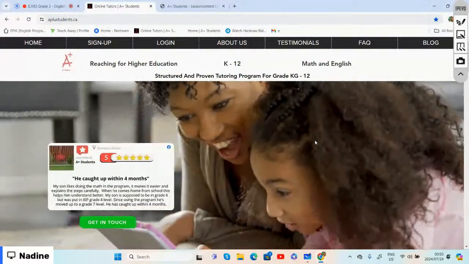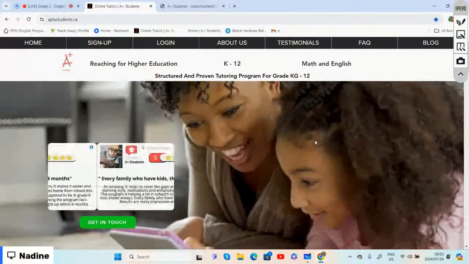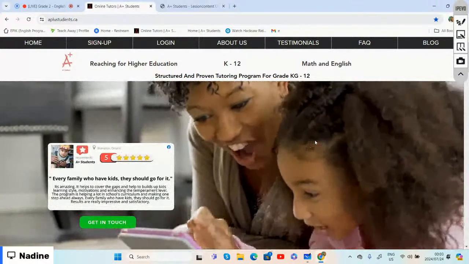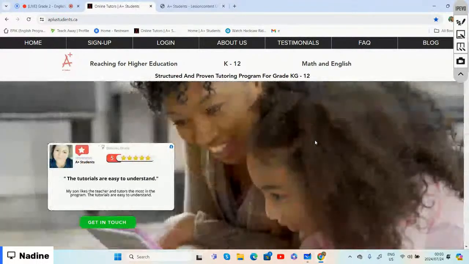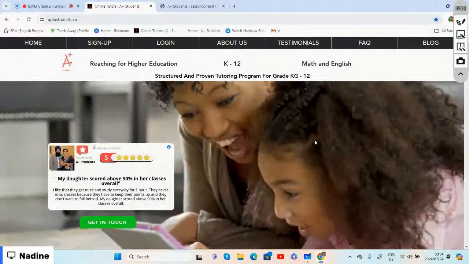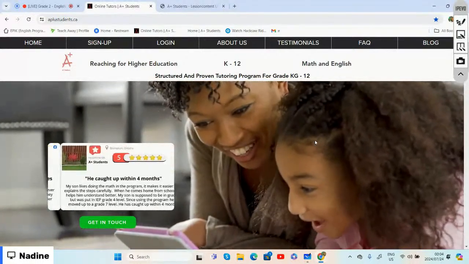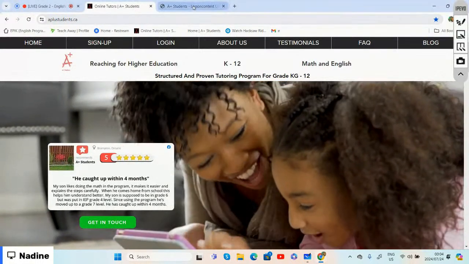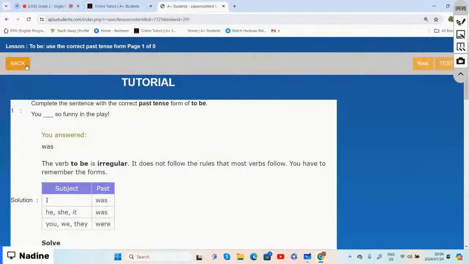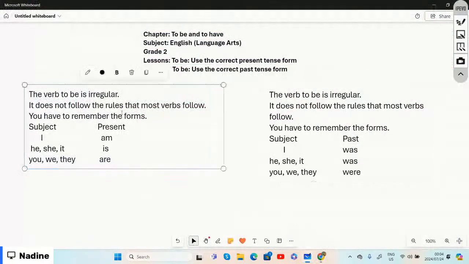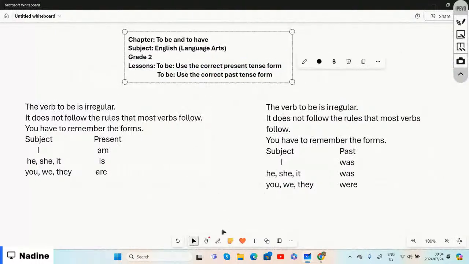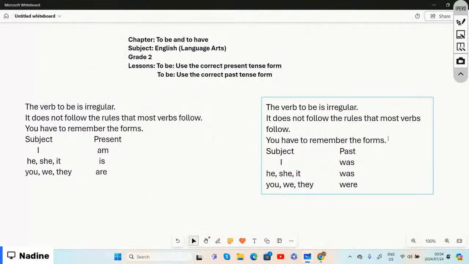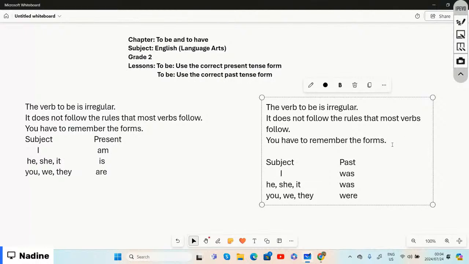all right. So this is our chapter on to be and to have, grade 2, right? So our chapter is to be and to have. Our subject is English language arts.